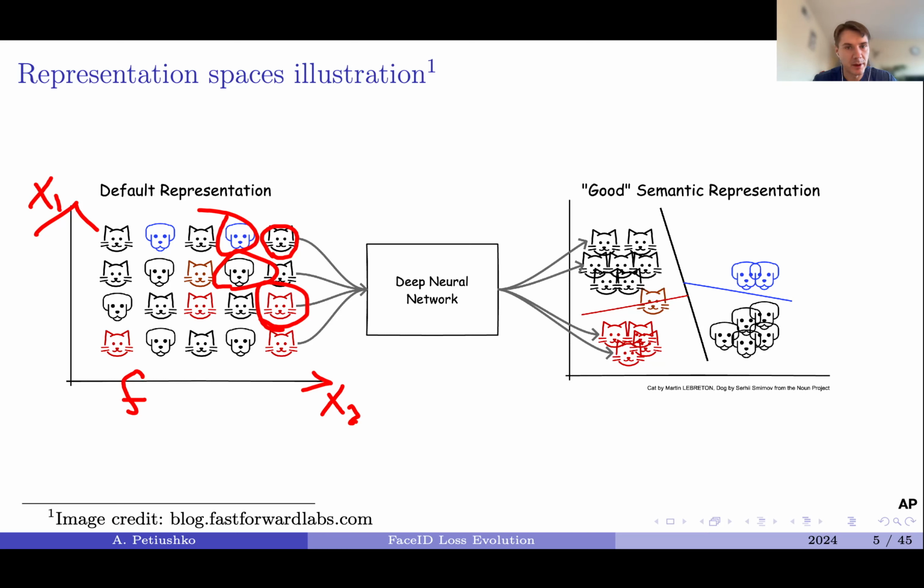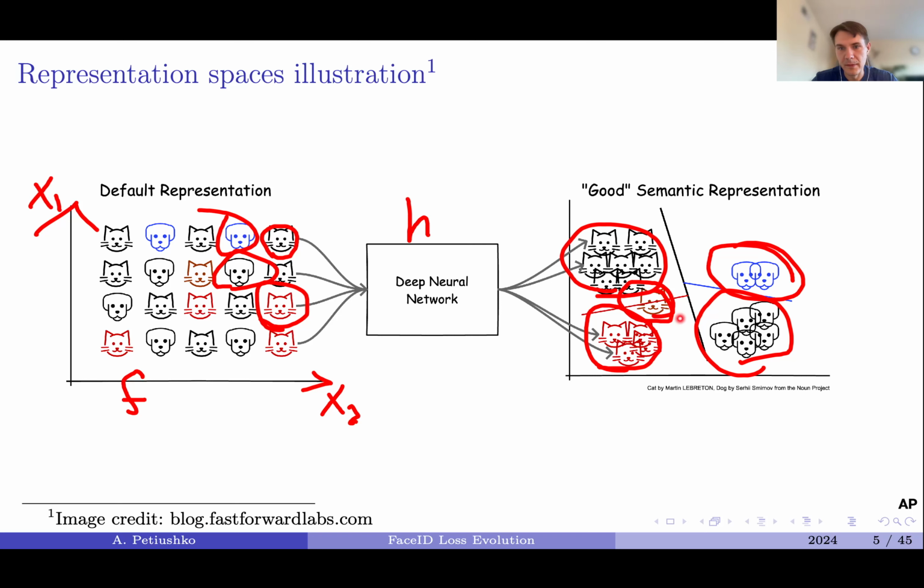these classes. But suppose we can use some additional algorithm H, and in the case of this H we have a deep neural network that can map the initial representation into a better one. And here we could have the better representation, so we have a cluster of blue dogs, a cluster of black dogs, a cluster of black cats, a cluster of red cats, and we have some outlier, but that's okay.